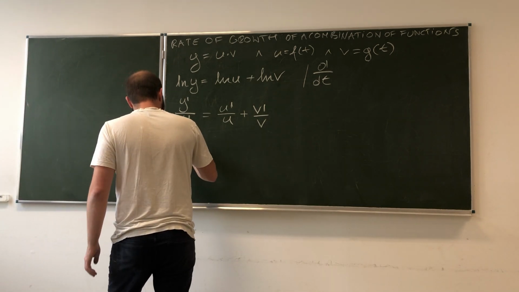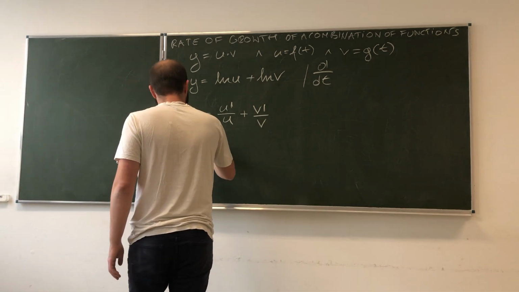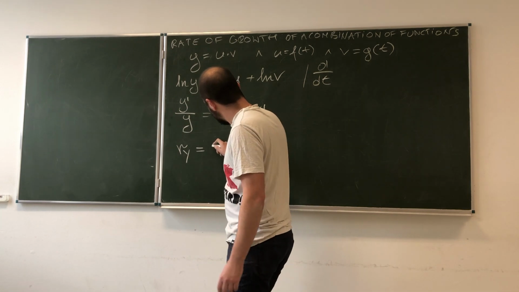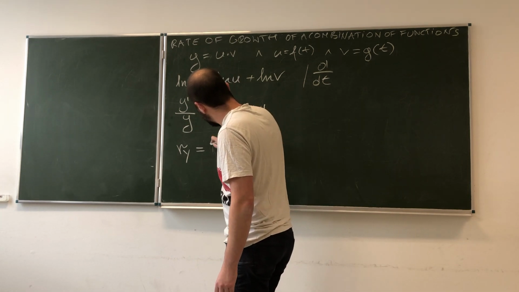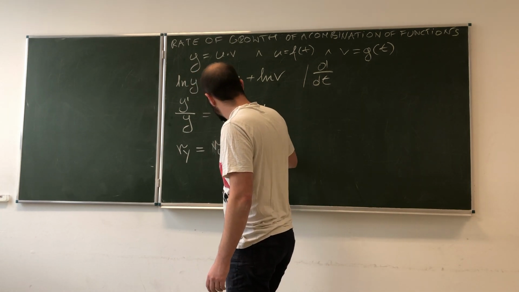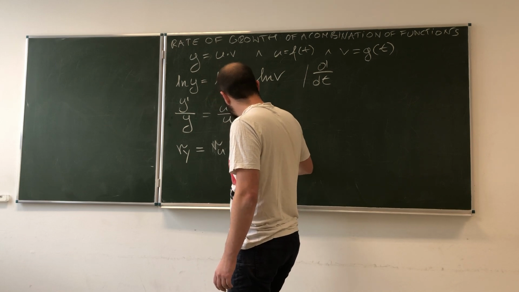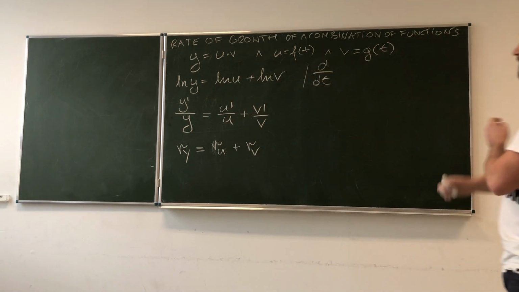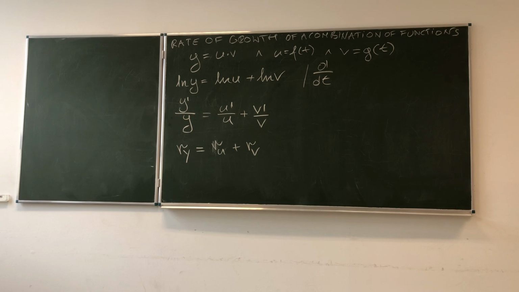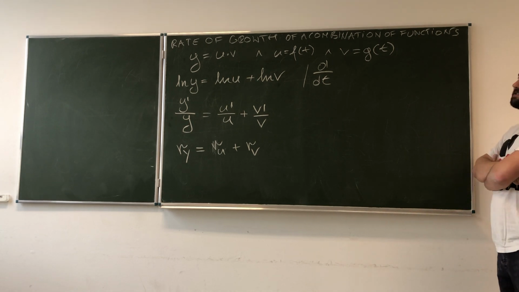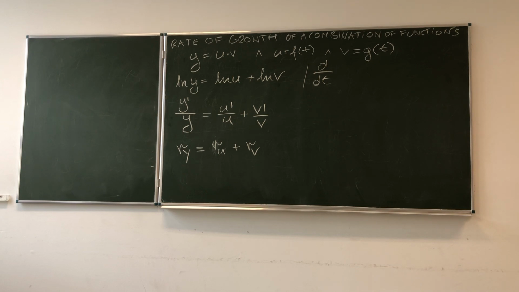This is growth rate of y, which is equal to growth rate of u plus growth rate of v. And look, this simple manipulation allows us actually to draw some very powerful conclusion: that growth rate of a product is equal to the sum of growth rates.